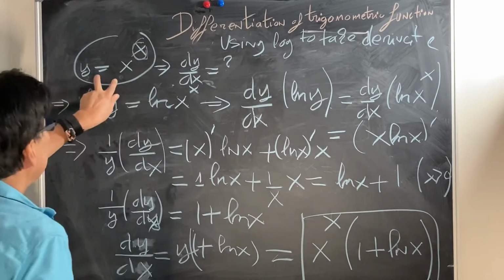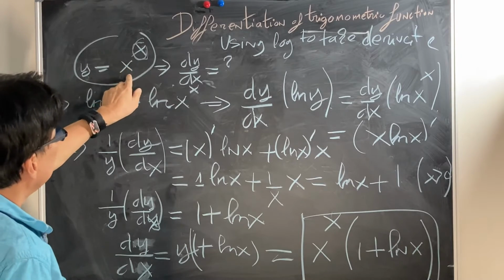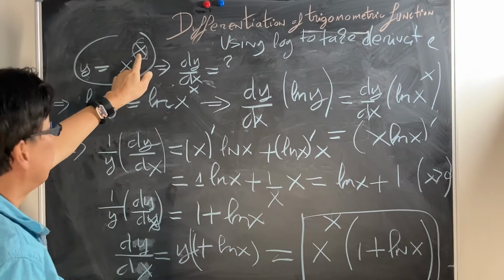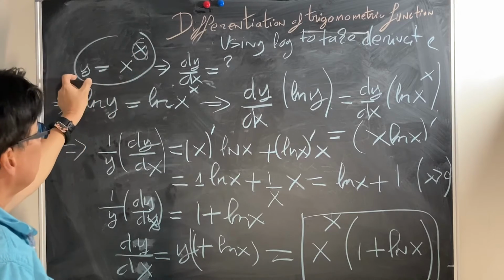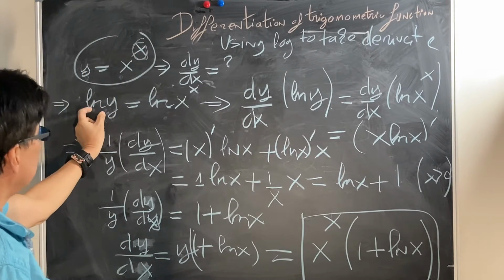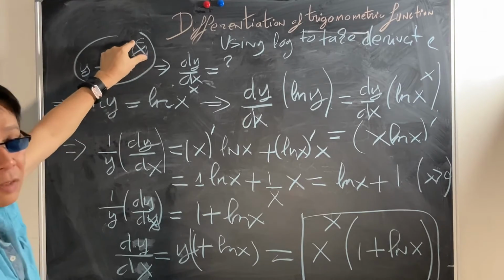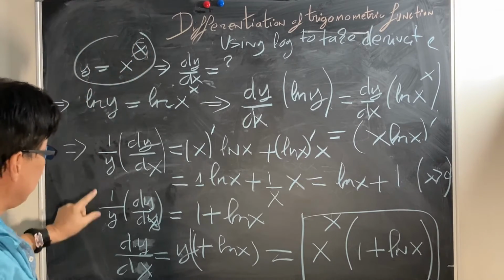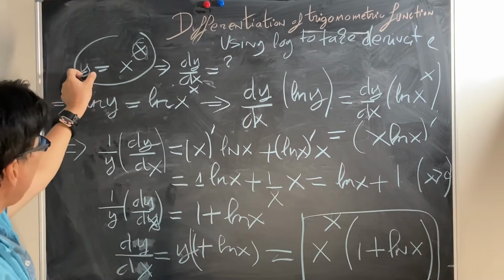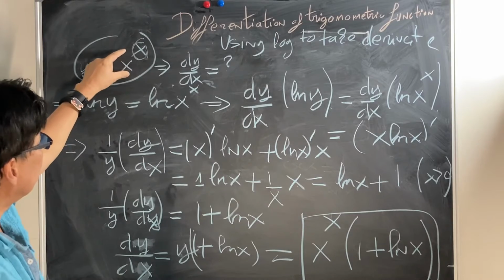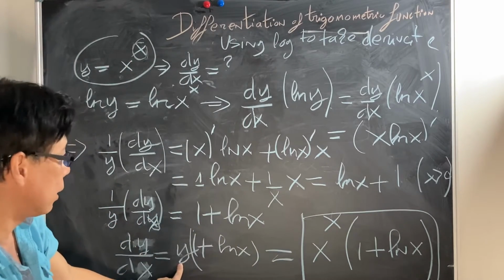Remember, when you take the derivative of a function with a function power, you use a natural log to take down the power. Then you replace y with the original function in the derivative of y right here.